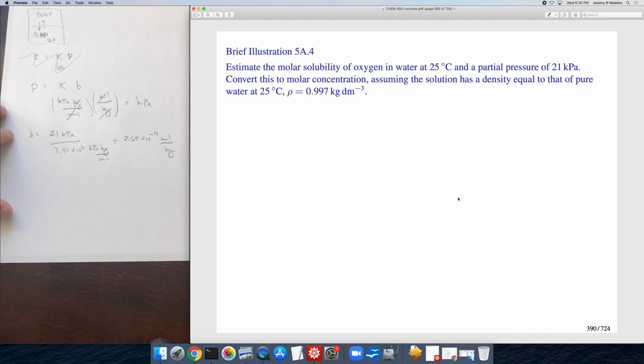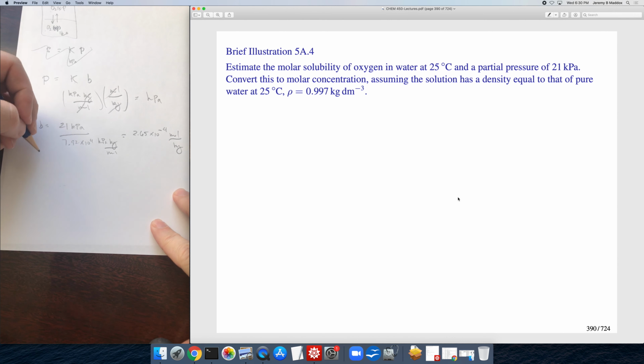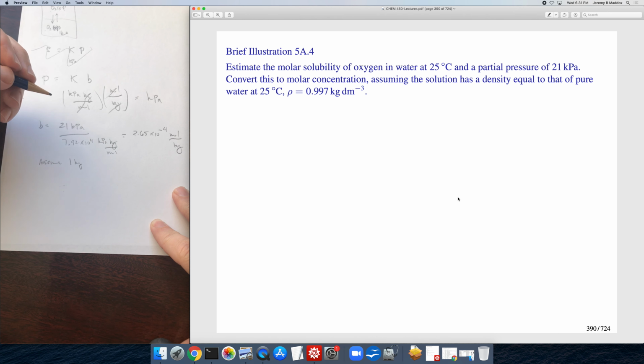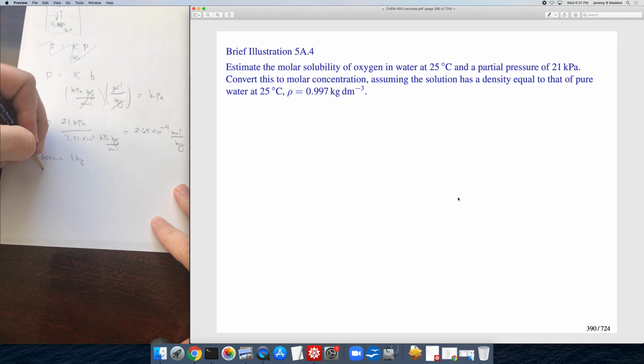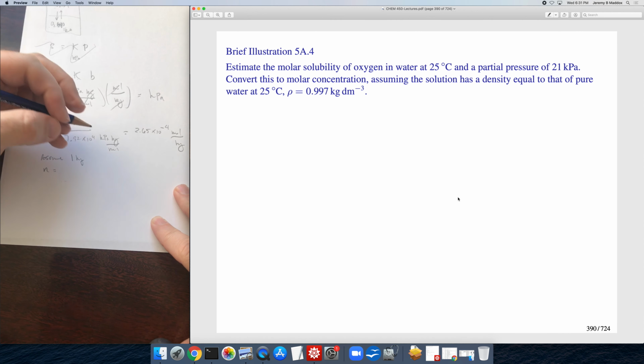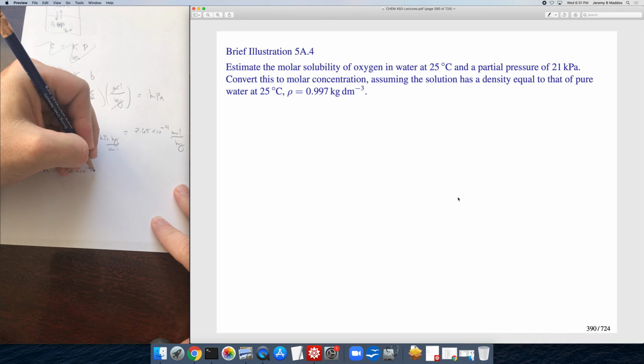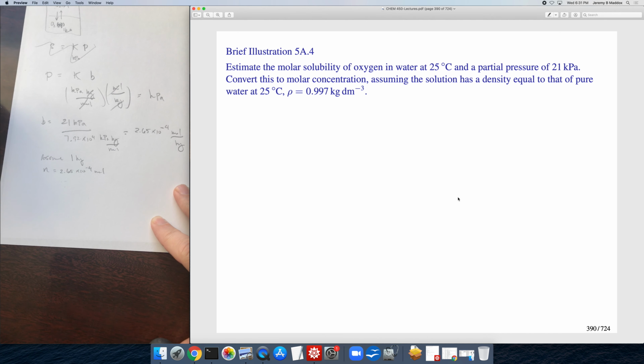They want us to convert this to probably molarity. So what we'll do is assume that we've got 1 kilogram of solution, which means that the number of moles we have is 2.65 times 10 to the minus 4. And what we need to do is divide by the volume of the solution.